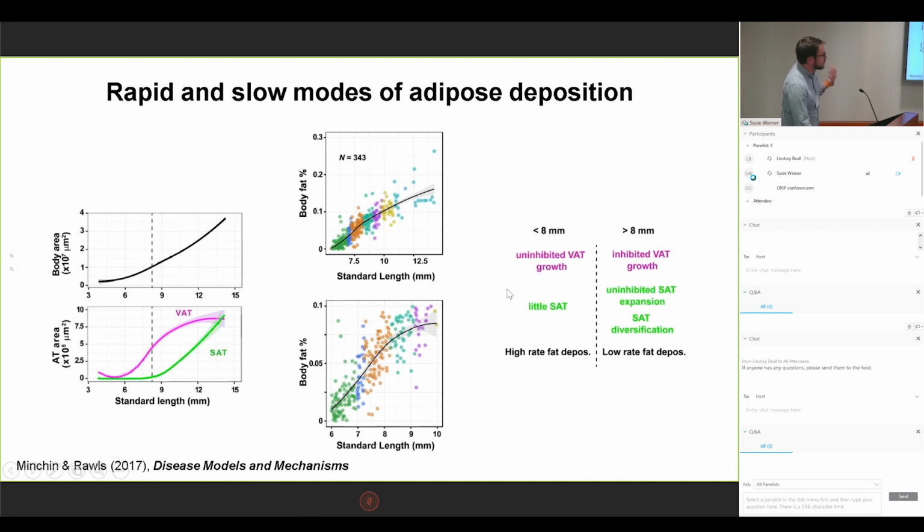The first one, which is before around 8 millimeters, is characterized by very fast visceral adipose tissue growth and a very high rate of fat deposition. But then the later stage of adipose growth in zebrafish is characterized by this plateauing of visceral adipose tissue growth and lipids starting to be stored in subcutaneous adipose tissue, but at a lower rate.